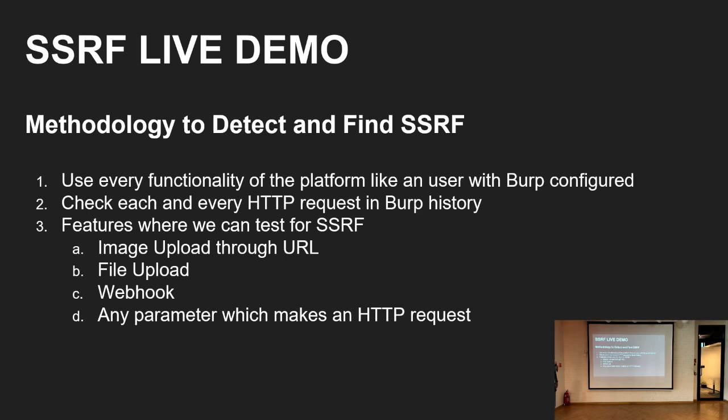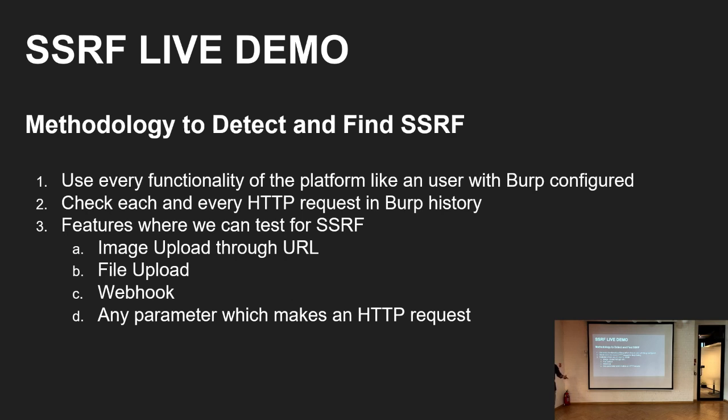So this is my methodology to detect and find SSRF. First of all, when you get a platform, you have to use it as a user. You have to set up Burp with your browser and do all the operations that a user can do. Check every HTTP request in Burp history and see if there is any request which takes a URL parameter.